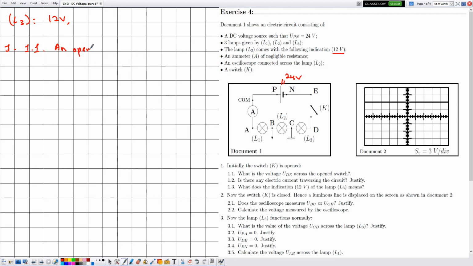So an open switch in series with the battery has the same voltage. So in this case, UDE is equal to 24 volts.